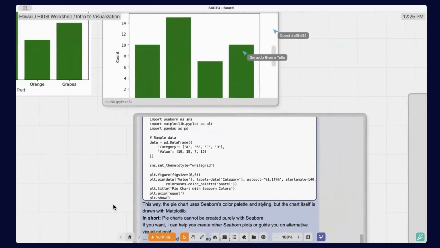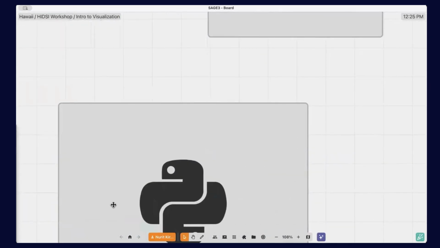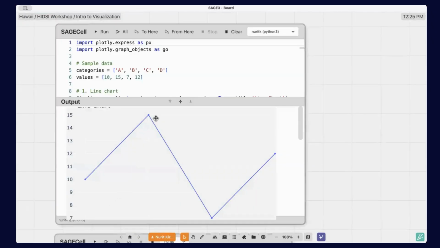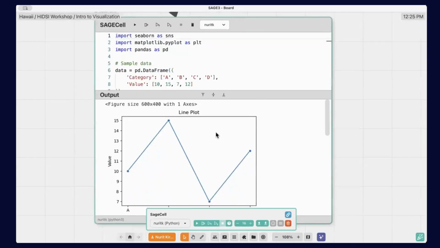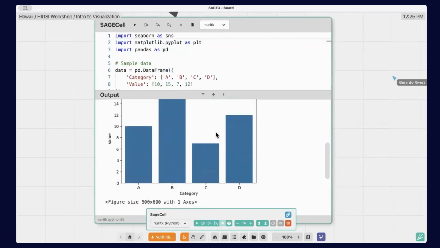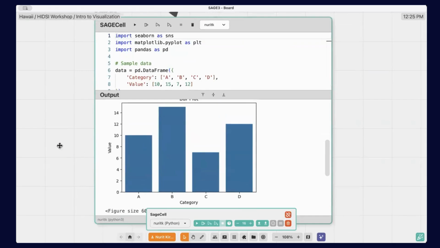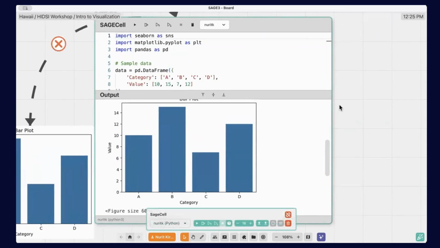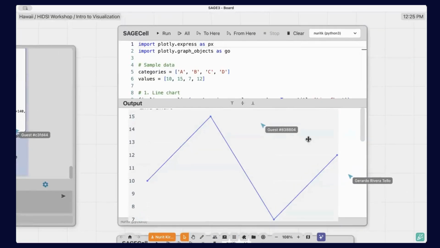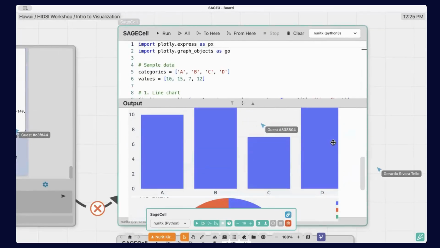And then this one uses Seaborn. Oh, no, this one uses Seaborn. No, this one uses Plotly. This one uses Seaborn. All right, so I can drag this out. And this uses Plotly again.